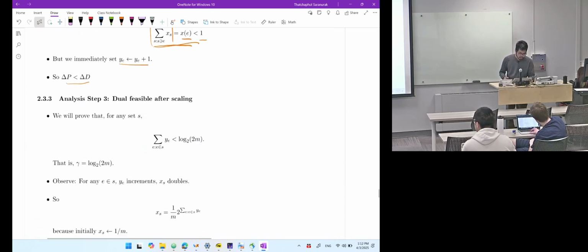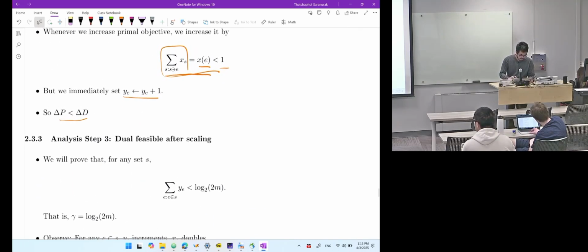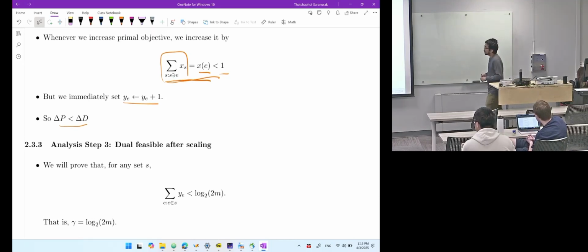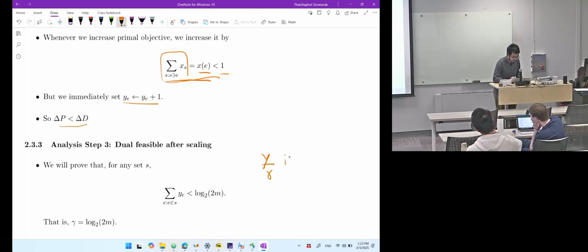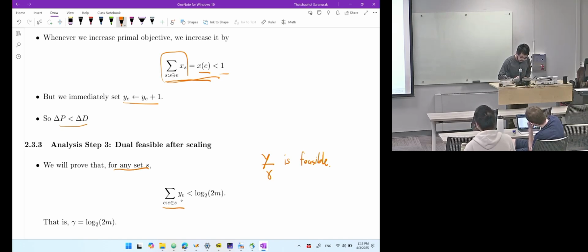So lastly, I want to say that y over gamma is feasible. To say this, it just means that for any set, the sum of ye over all the elements in the set is at most gamma. Why should this be the case?